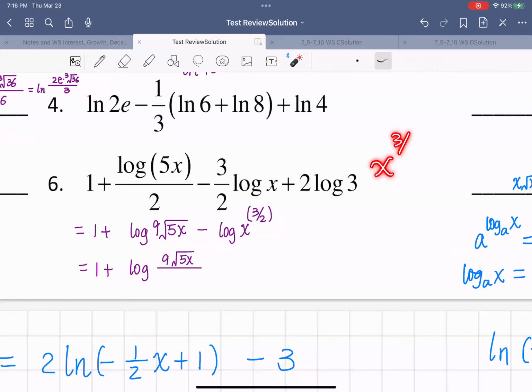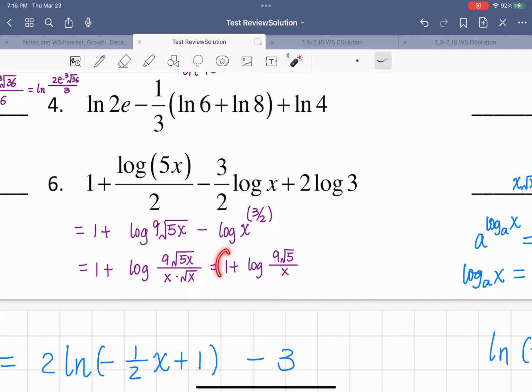X to the power 1/2, means x times x to the power 1/2, x times square root x. Now you feel happy because that part can cancel. So you have 1 plus log 9 times square root 5 over x.